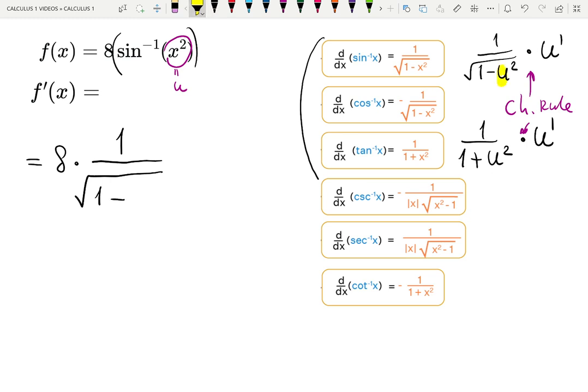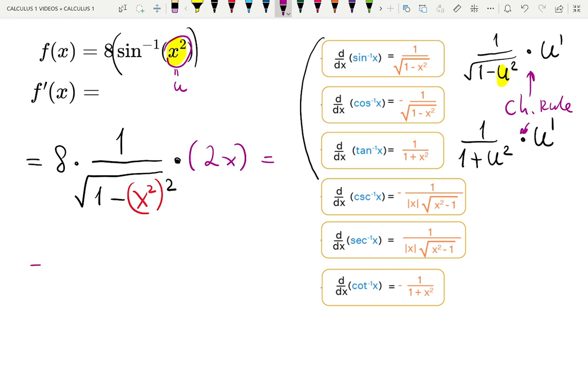So when you say input squared, you look at your input and write down x squared, but that is the input, so don't forget to square it. Times the derivative of the function inside, and the derivative of the function inside is 2x because we're differentiating x squared.